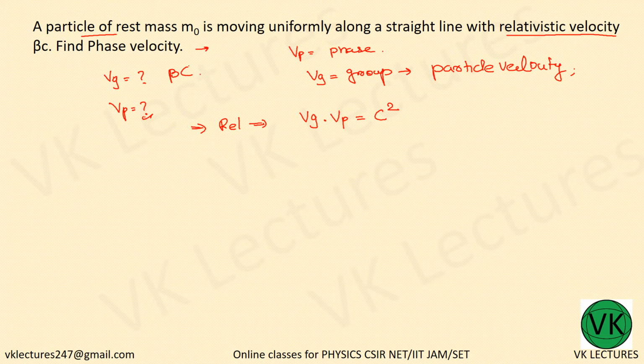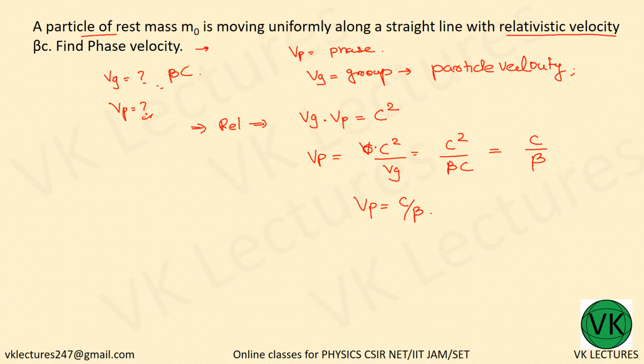Now once we already have Vg, Vp is equal to c square divided by Vg. Now that's equal to c square divided by beta c, that's nothing but c by beta. That is Vp equal to c by beta. And what is Vg? Vg equal to beta c.